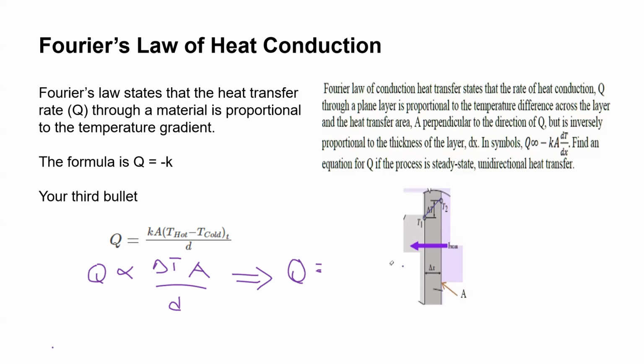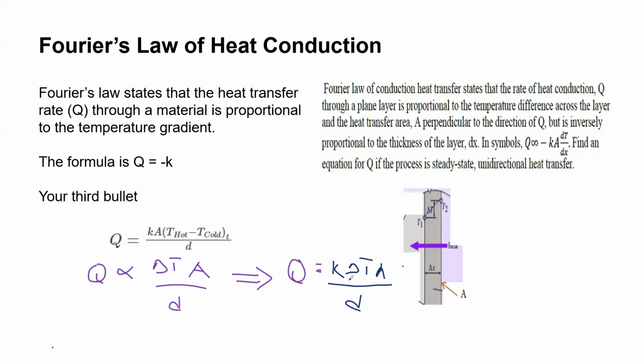So we remove proportionality and then we introduce the constant. So we have Q equals K times delta T times area, divided by the distance. So this is actually the formula for calculating the rate of heat by conduction.